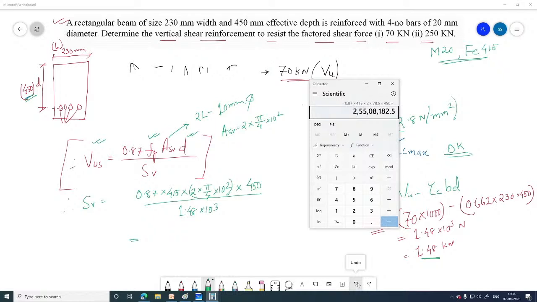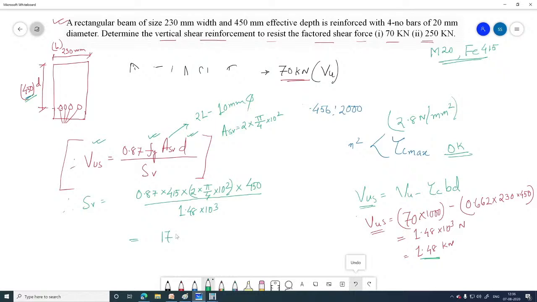So 450 now divided by 1.48 into 10 to the power 3, that means 1480. Okay, so 1480, 17,235 millimeter. So this is the spacing as per our calculation. The value of the spacing is this much.